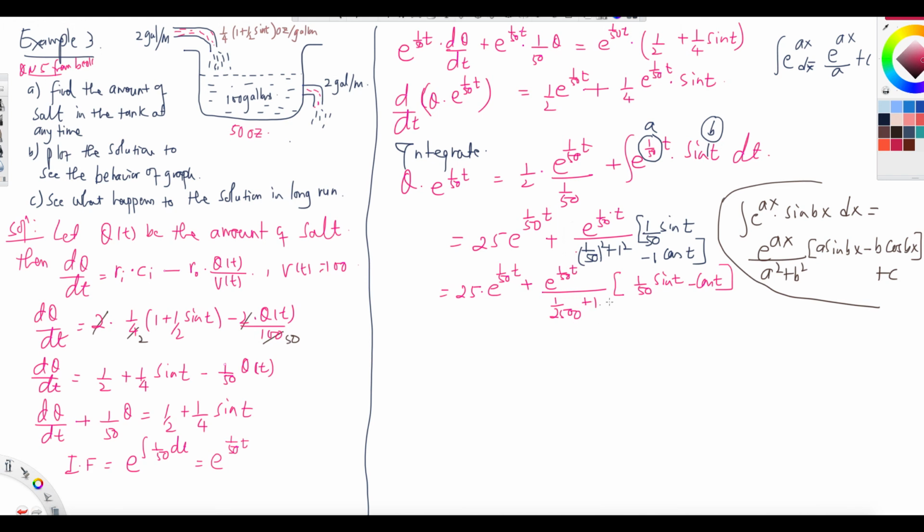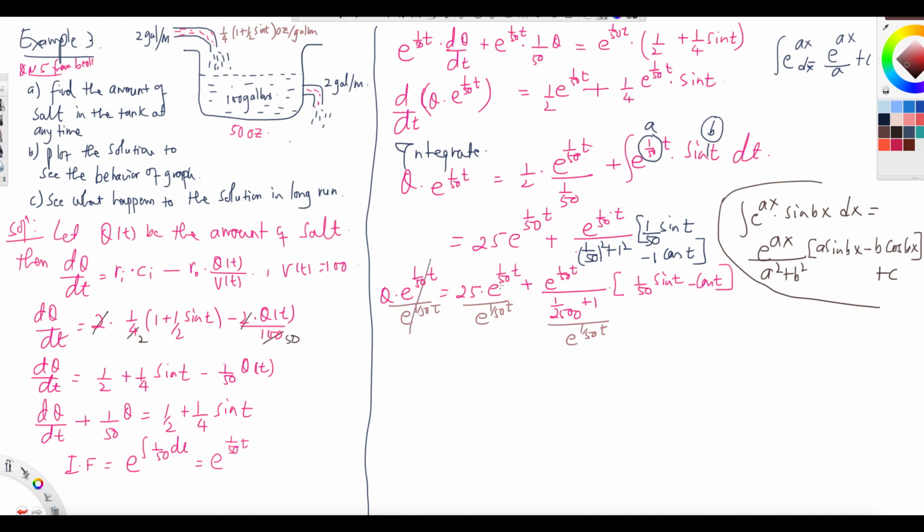Now what I'm going to do here is I am dividing both sides by, because on the left side there is q times e to the 1/50 t, right? I'm dividing both sides by that quantity, e to the 1/50 t, because I want to solve for q. That's the product form, so you don't need to divide those, right?